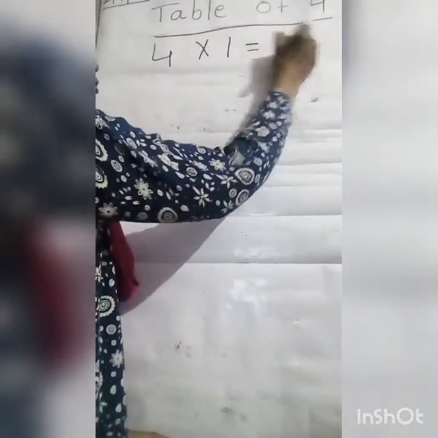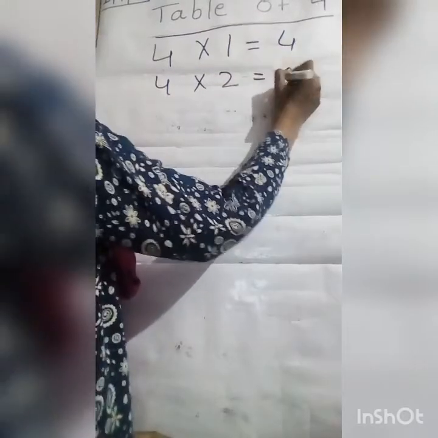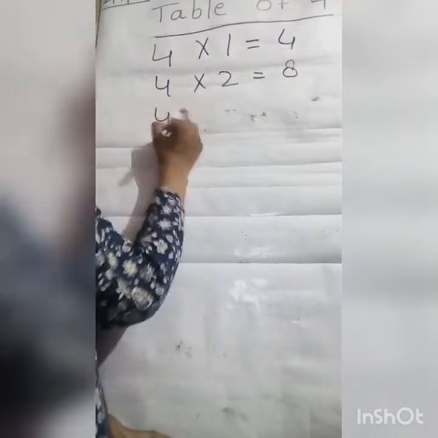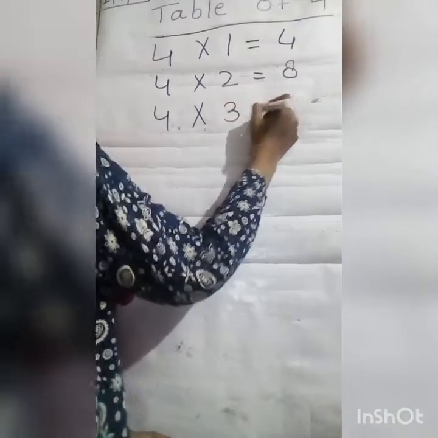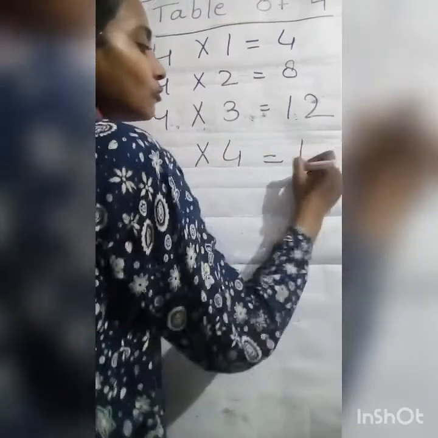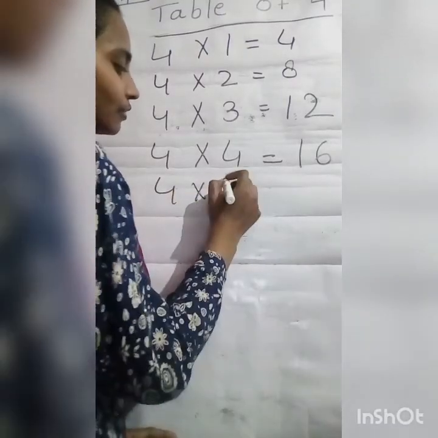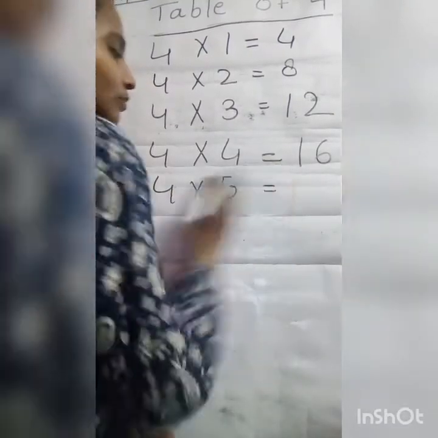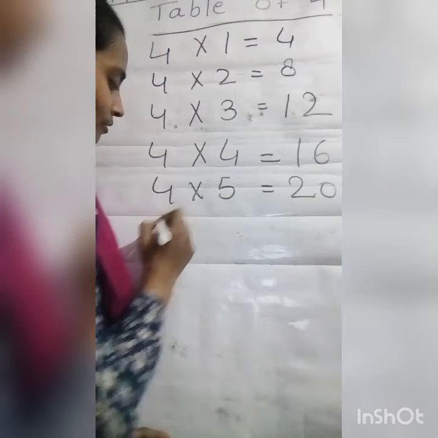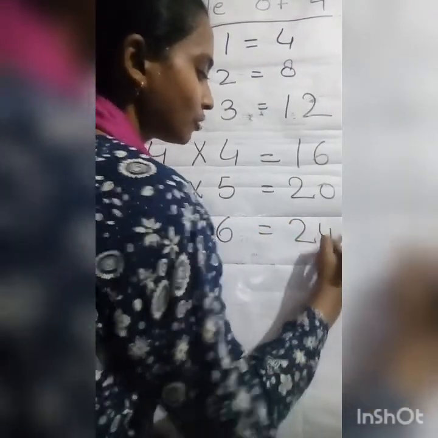4 ones are 4. 4 into 2, 8. Then 4 into 3, 4 threes are 12. 4 into 4, 4 fours are 16. Then 4 into 5, 20. Then 4 into 6, 24.